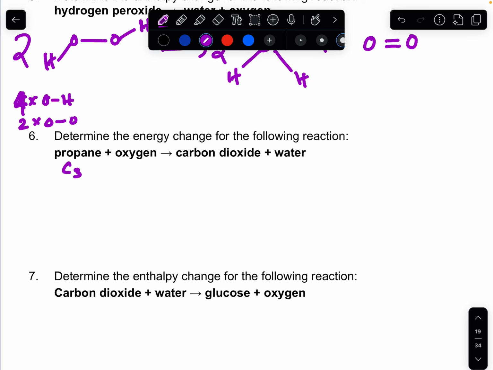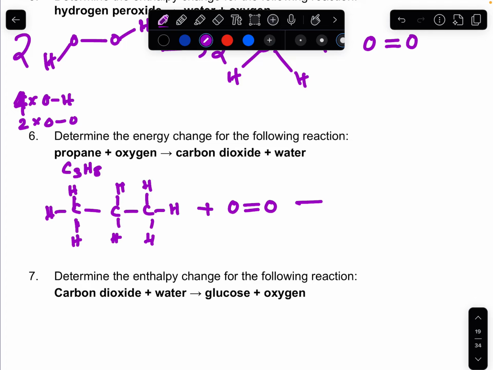Then propane is C3H8, we know that. So you are going to write 3 carbons in a single line and fill in the hydrogens until they are all complete. So this is the structure for propane. Oxygen is O double bond O, carbon dioxide is C double bond O, plus water is H-O-H.